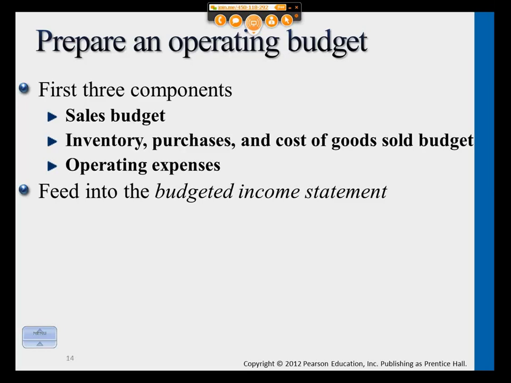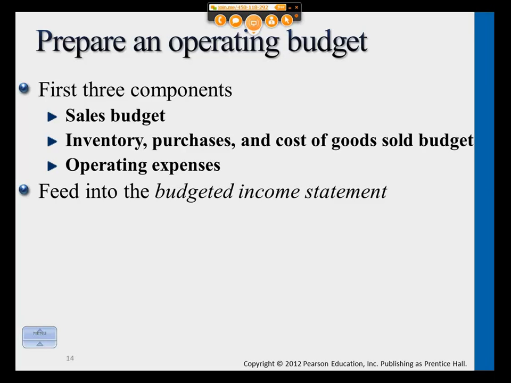We have sales budget, we have inventory purchases and cost of goods sold budget, and we have operating expenses. Okay, so once we get all of these three together, they will feed into the budget income statement. Okay? The information that we get from these three is what we'll use for the budgeted income statement.